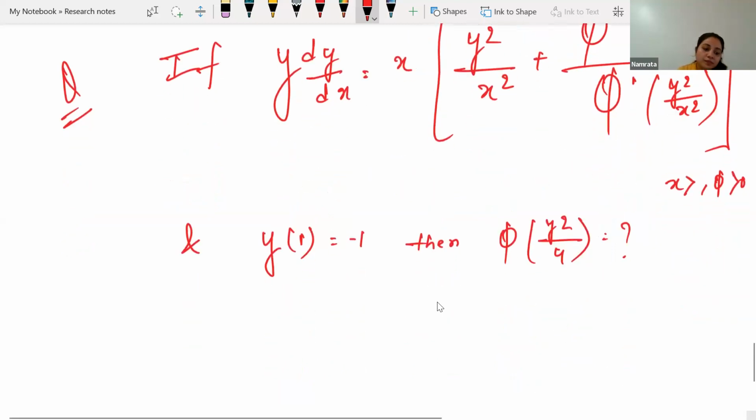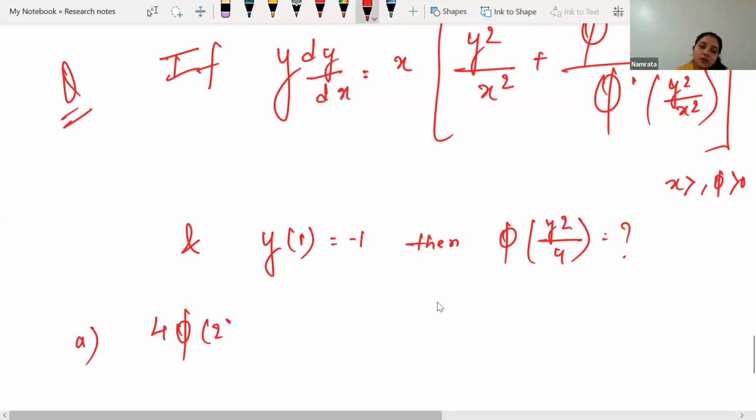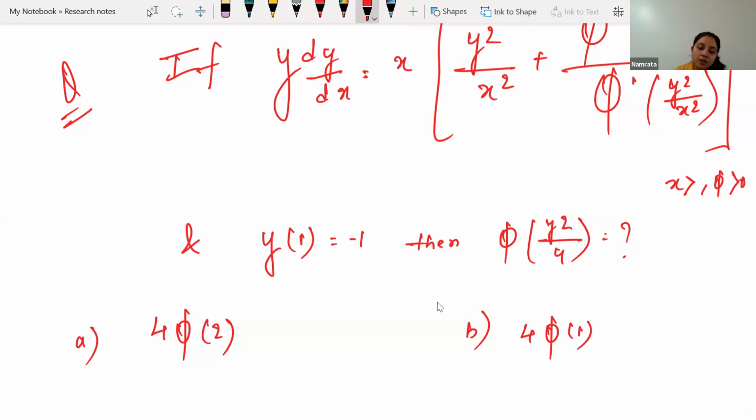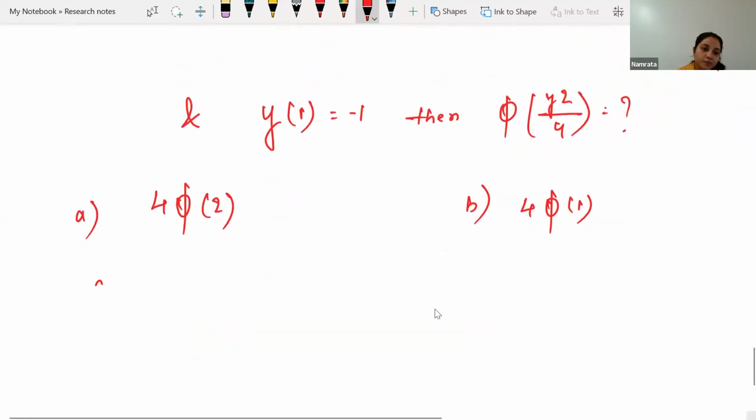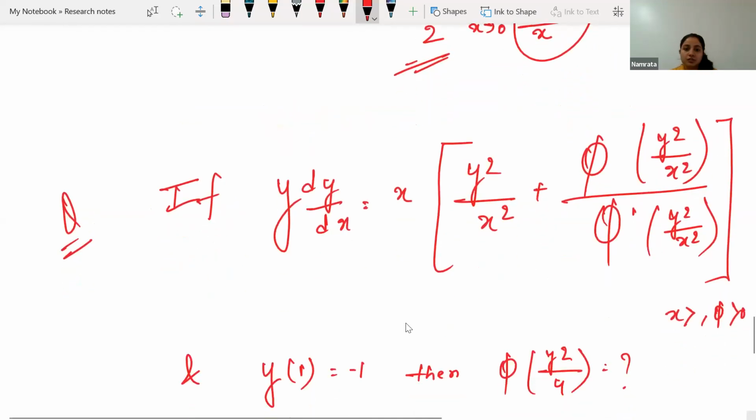The options are option A 4 phi 2, option B 4 phi 1, option C 2 phi of 1. This is the question.